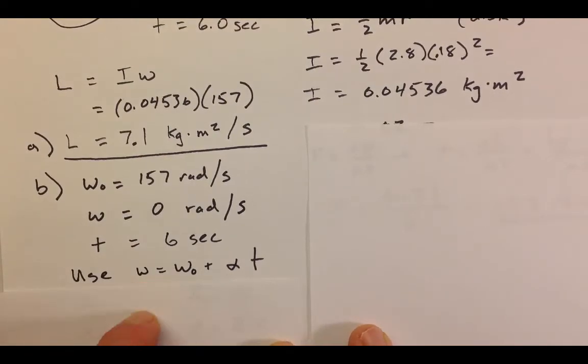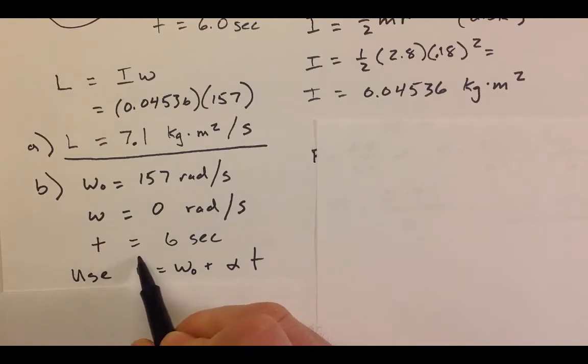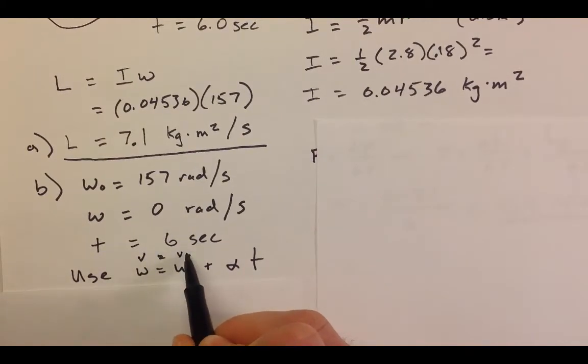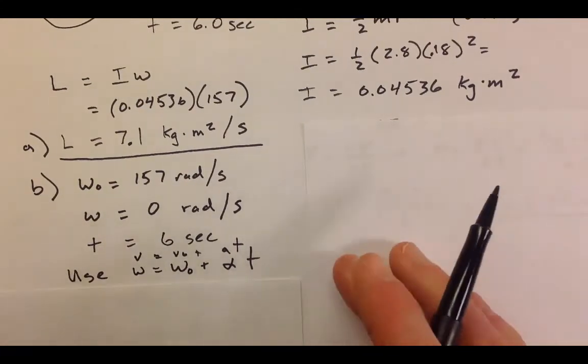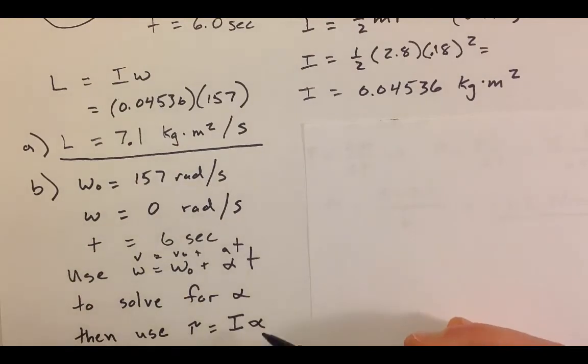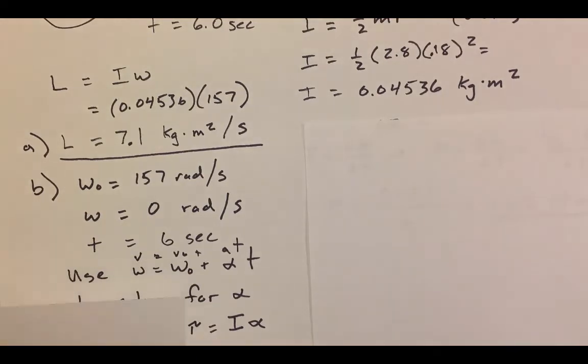This is the angular equivalent of v equals v naught plus at, right? That's the linear, here's the angular. So I could use that equation, solve for alpha, and then plug that into F equals ma. Torque equals I times alpha is kind of like your angular equivalent of F equals ma. So that's how I was going to solve the problem.